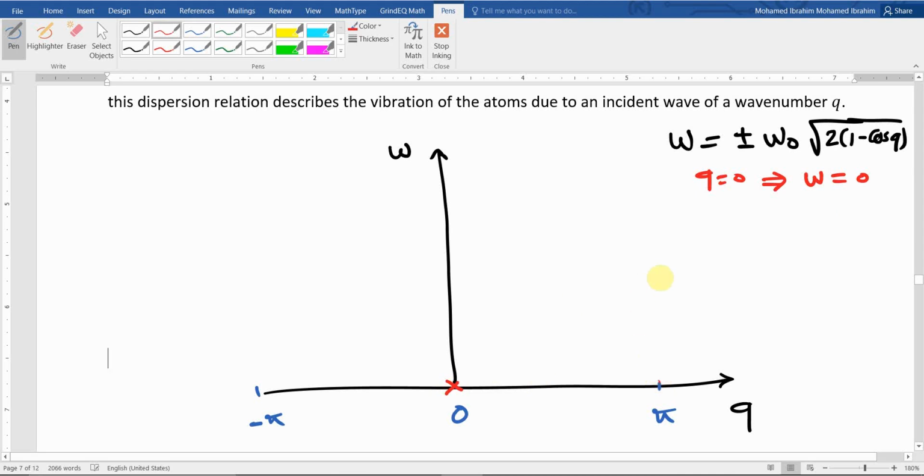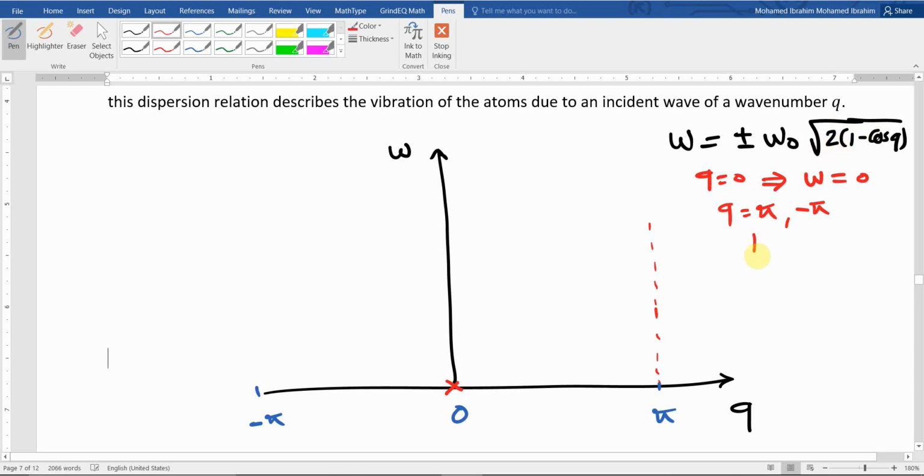Then let us find the value of omega when q equals pi or negative pi. If you plug in pi or negative pi, cosine will be negative 1, so 1 minus negative 1 gives positive 2, and 2 times 2 will be 4, so the square root of 4 gives 2.